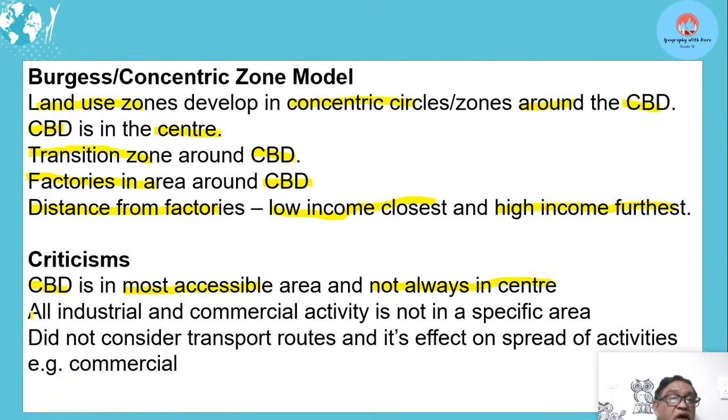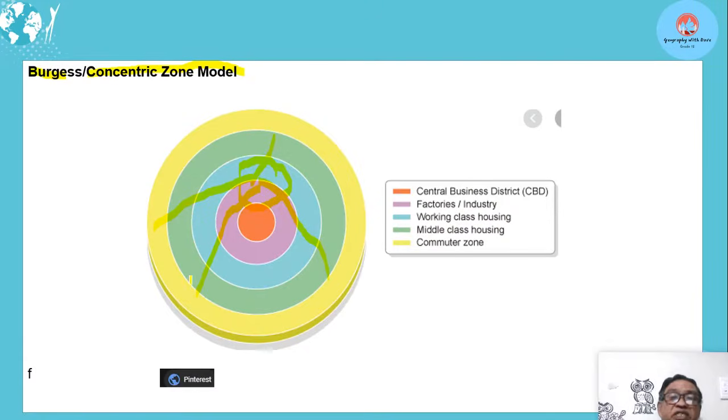Next criticism was that all industrial and commercial activities are not in a specific area. It can be in many places. If we look at this diagram again, the central business district is here, the factories are here.